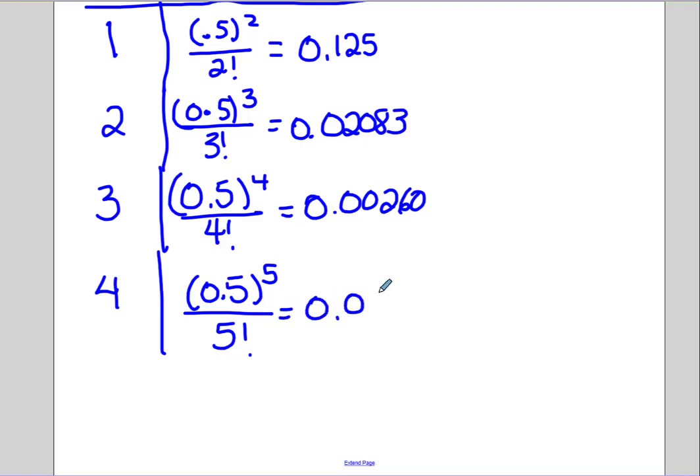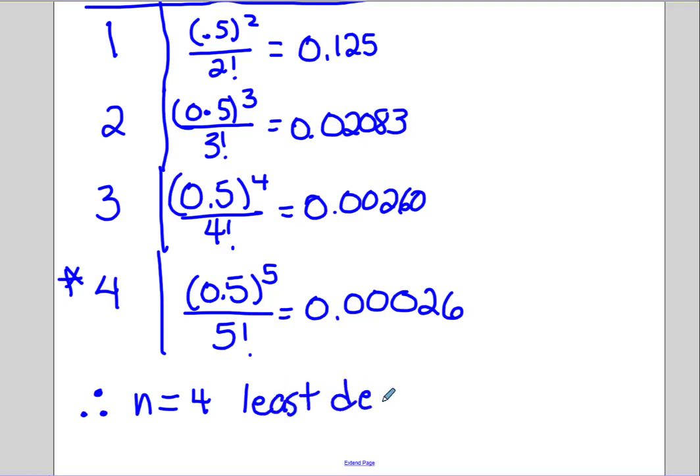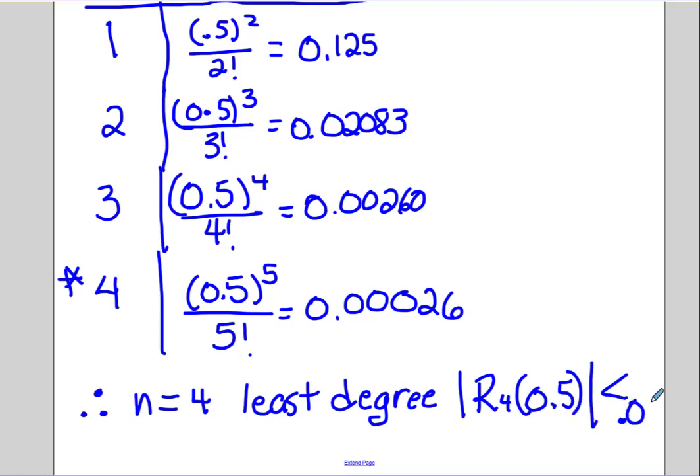That's 0.00026. Bingo, we found it. So what we know is when n equals 4, that's the smallest n, or what the example said, the least degree where the remainder of the 4th degree at a half is less than 0.001. So our answer is a 4th degree.